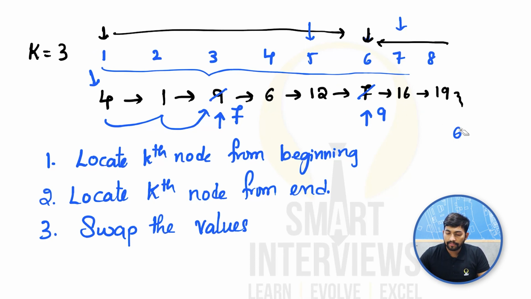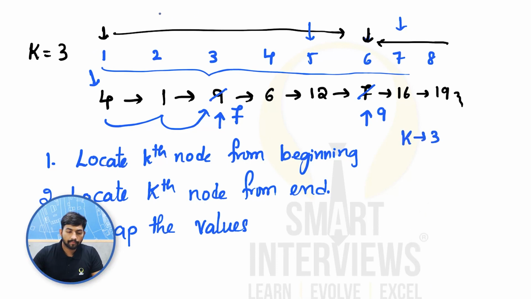Okay, let's say if k is equal to 3, how do we get this 6? One thing we can do is 8 minus 3 plus 1. This gives us 6.